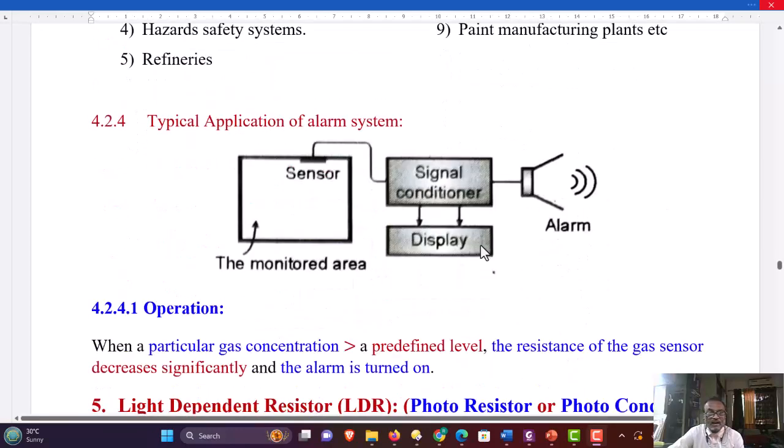The typical alarm system of a gas detecting sensor is shown below. Here, the area to be monitored is shown in which the gas sensor is installed.